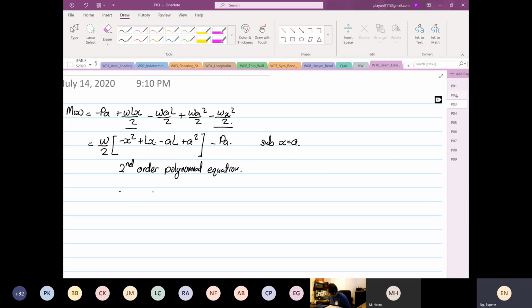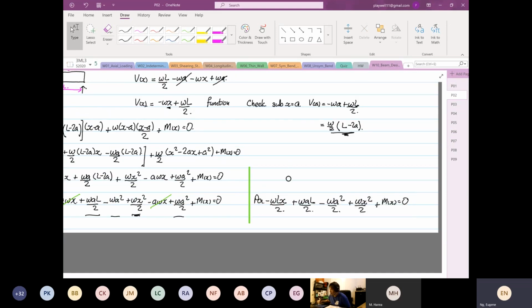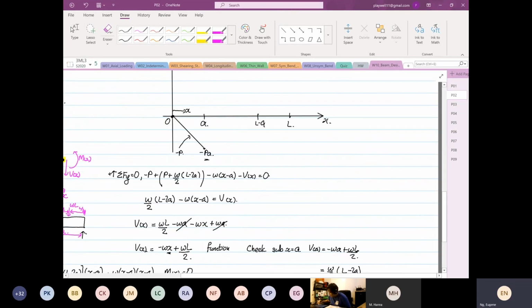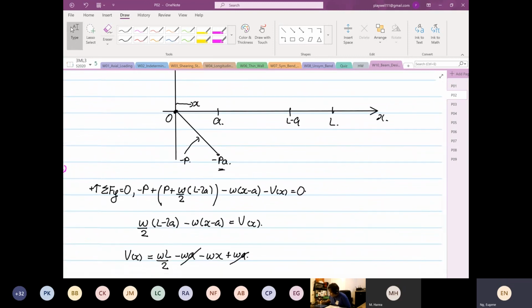So if we go back to our graph down here, when x is equal to A, we should get a value of minus PA. If you don't get a value of minus PA, that's where something has gone really wrong.